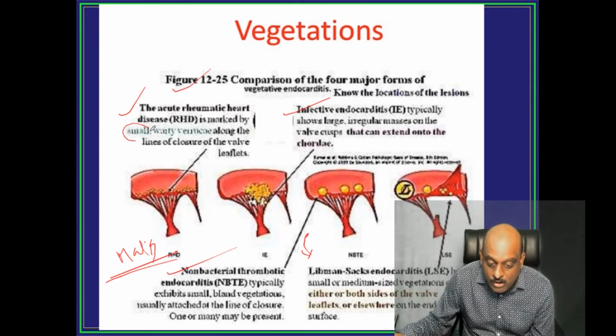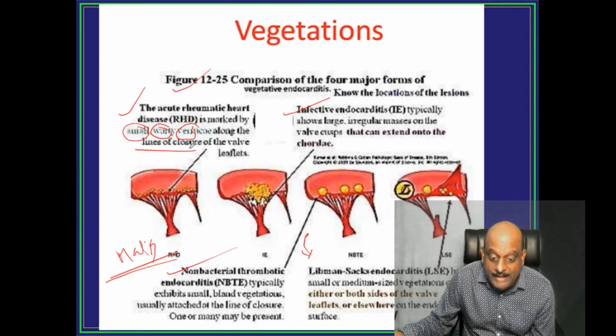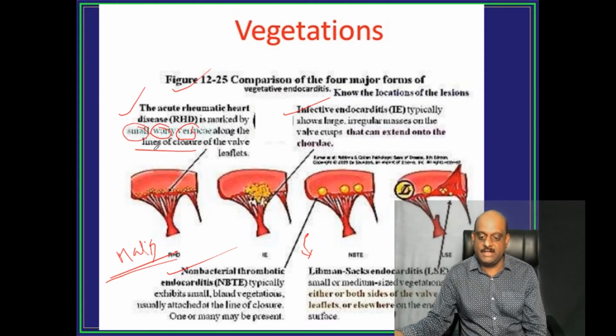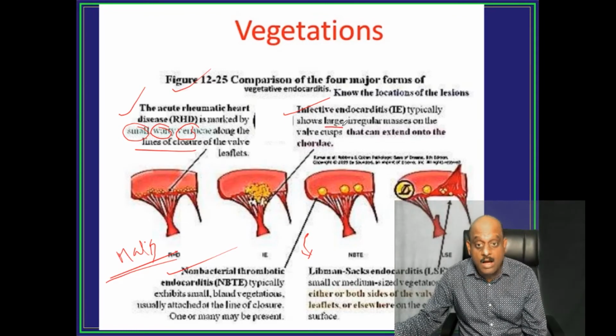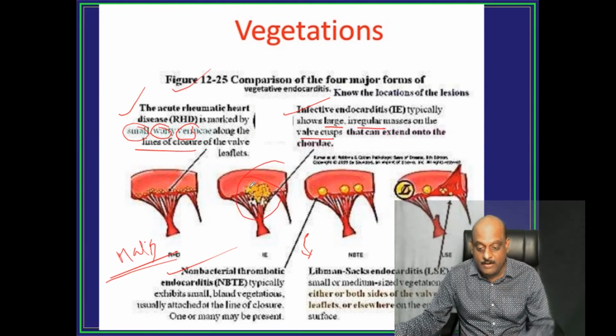Look, small warty verrucae along the lines of closure, that is rheumatic heart disease vegetations. Large irregular masses on the cusp of the valve extending into the chordae, that is infective endocarditis.